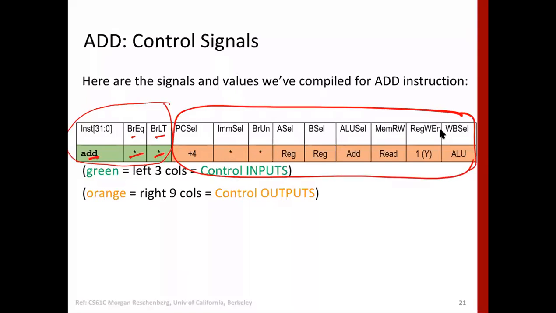For the add instruction, PC is equal to PC plus 4, A select is something coming from the register file, B select is something from the register file, ALU select is add, mem read/write is read, register write has to be 1, and WB select has to select something coming from the ALU.